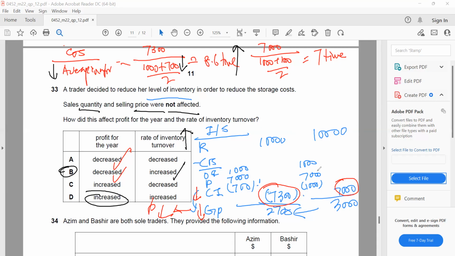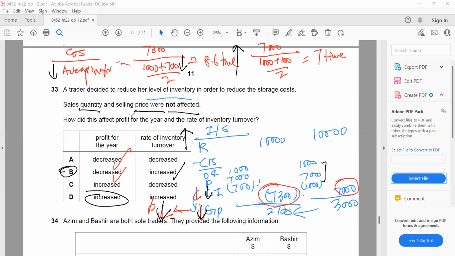Whereas this one is reduced, this one assuming same. So this one 7,000. This one decreases, and when it decreases, gross profit decreases. Profit should be decreased. But why do they put increase?